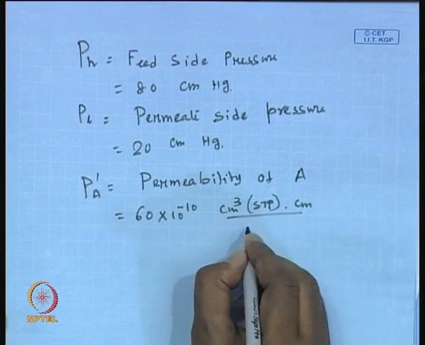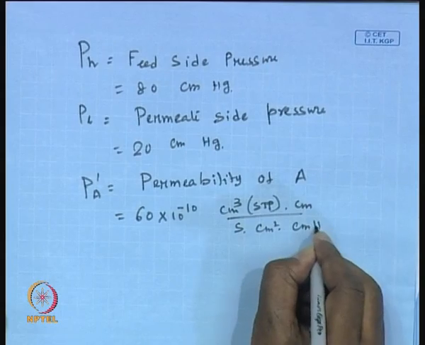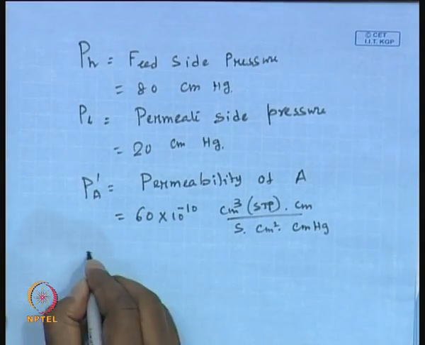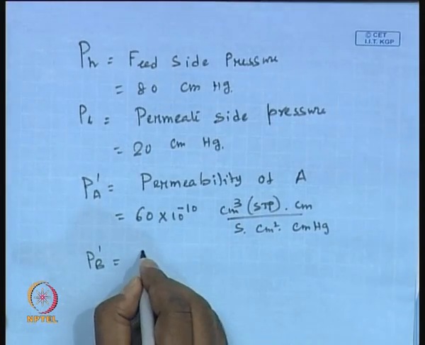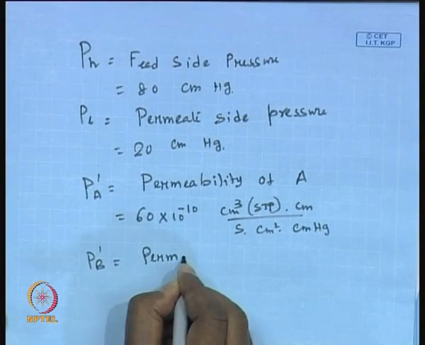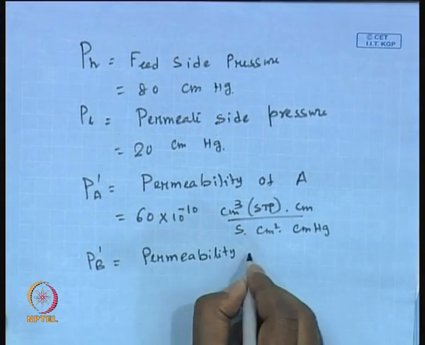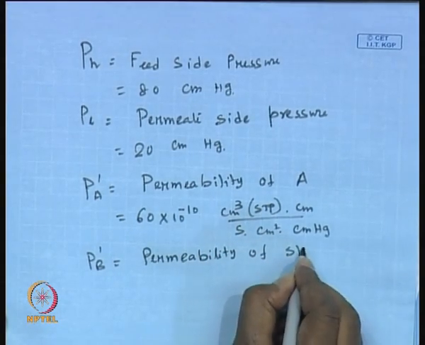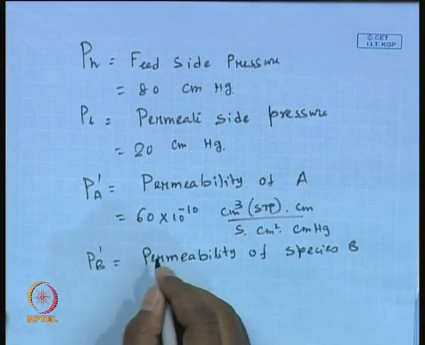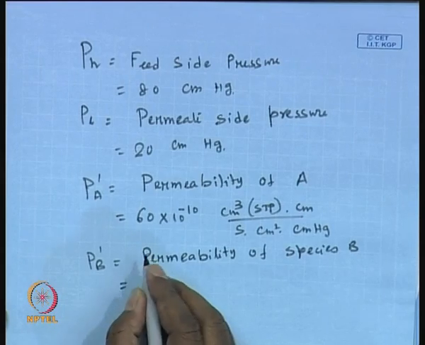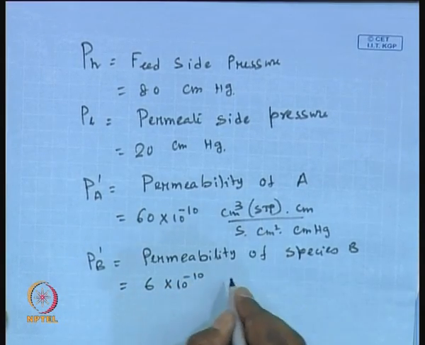multiplied by centimeter divided by second centimeter square centimeter mercury, and Pb prime is the permeability of species B, and this is given as 6 into 10 to the power minus 10 of this unit.